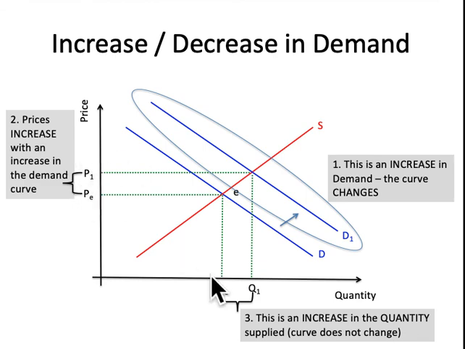So the price goes up and the quantity supplied also goes up. But this is not a change in supply. This is an increase in quantity supplied because the supply curve is still the same. So that is our increase in demand. And if you look at that in the reverse scenario, you'll see a decrease in demand here, prices will drop, and then quantity supplied will drop. So this graph shows us increase and decrease in demand and increase and decrease in quantity supplied.